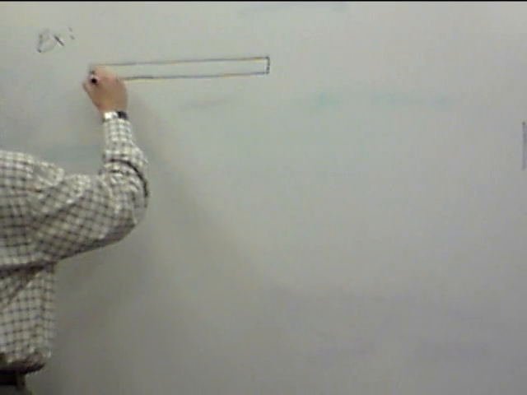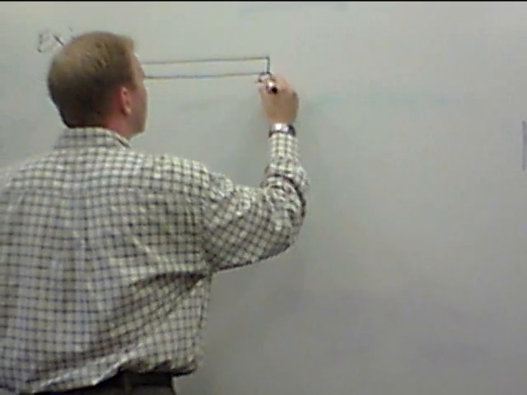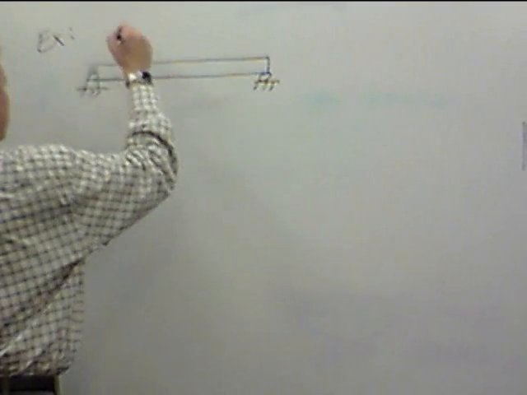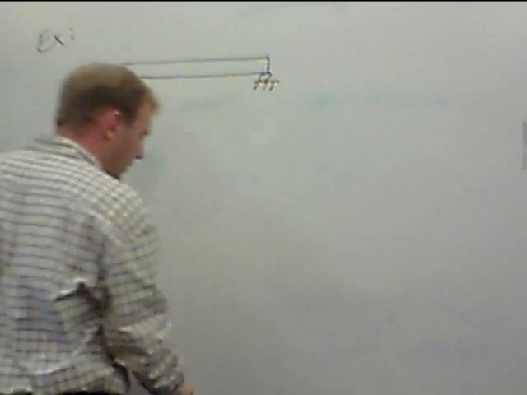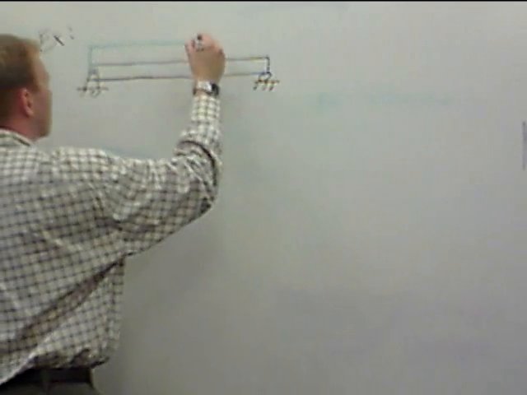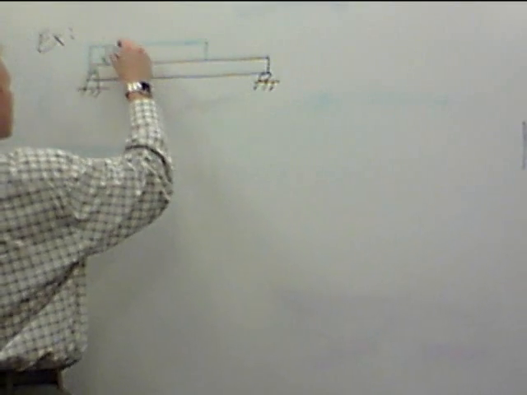Okay, so we have our typical pin joint right here, and a roller at the other end, and say we have a distributed load that looks like this.